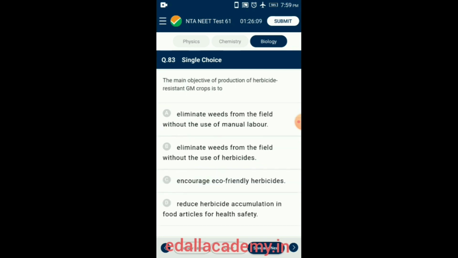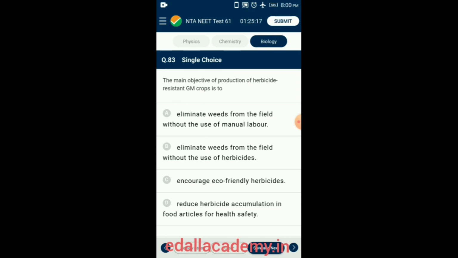Question number 83. The main objective of production of herbicide resistant genetically modified crops is to reduce herbicide accumulation in food articles for health safety.